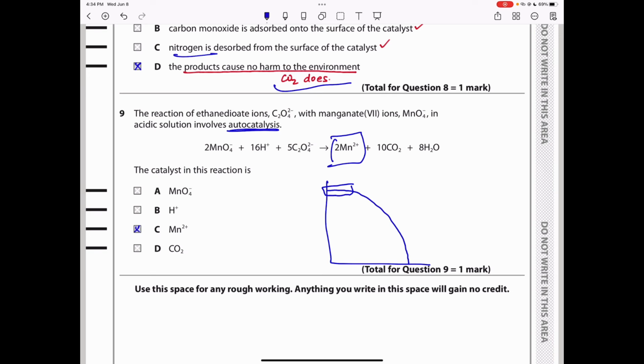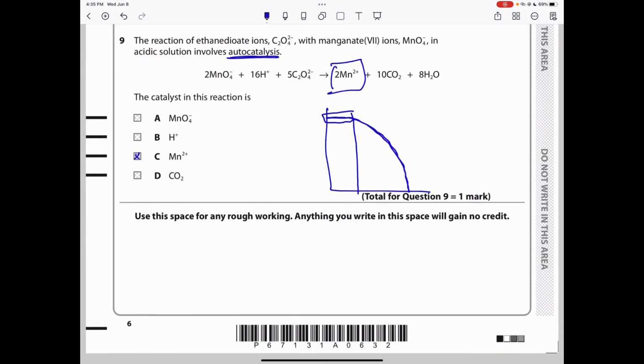However, as soon as enough manganese(II) has been produced, it catalyzes the reaction, leading to the curve going like that. This is a curve showing autocatalysis, so the answer here should be C, meaning manganese(II) is the catalyst in this reaction.